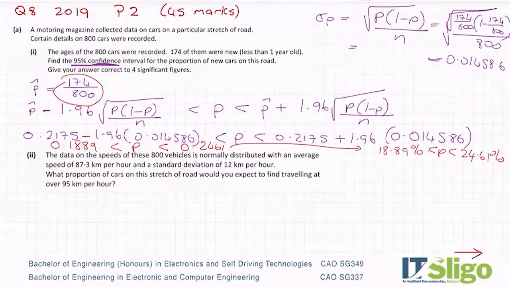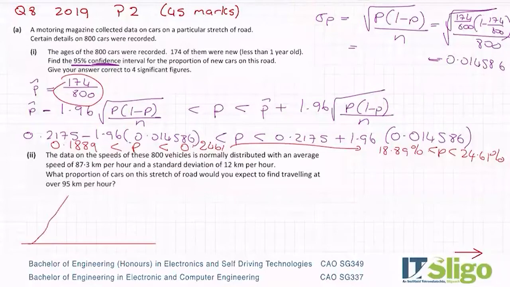So part 2: the data on the speeds of these 800 vehicles is normally distributed with an average speed of 87.3 kilometers per hour and a standard deviation of 12 kilometers per hour. What proportion of cars on this stretch of road would you expect to find traveling at over 95 kilometers per hour? Okay, so it's telling you it's normally distributed.